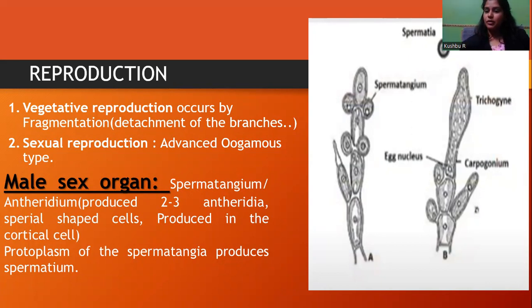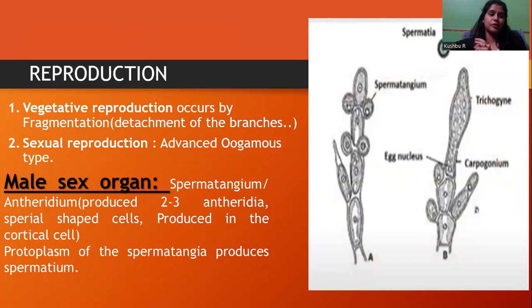Your female gametophyte is divided into trichogyne and trichophore, where your spermatangia will pierce through the ostiole, pass down all the way from your trichogyne and fertilize the egg nuclei that is present inside the female gametophyte, that is your carpogonium. So the female gametophyte of your Gracilaria is called the carpogonium, which has the egg cell.